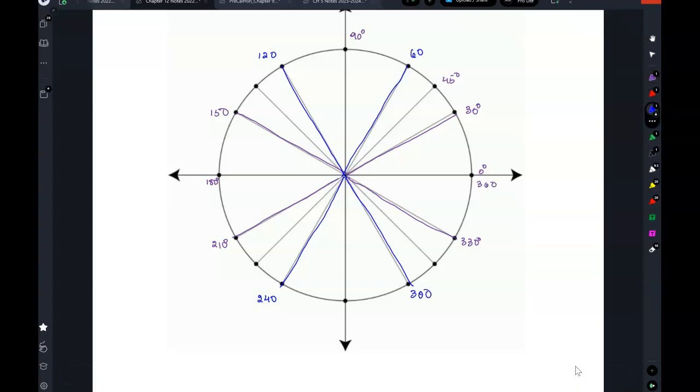Now let's do the 45-degree equivalent, this one. This is 45 degrees from the x-axis. Here, 45 degrees from the 180 will be what? 135 degrees. This one will be 225 degrees, and 315 degrees.